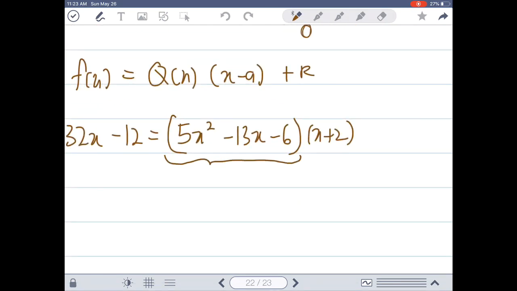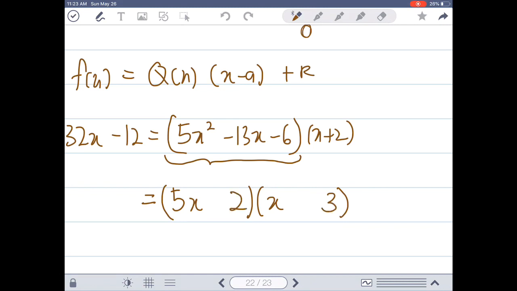Yes, we can. Let me see, 5x, x, 3, 2... okay, we try this, 3 and 2.